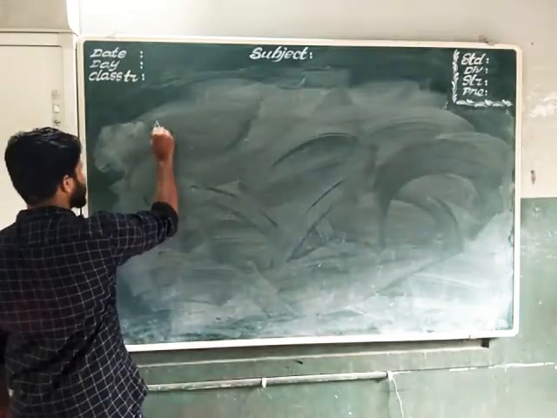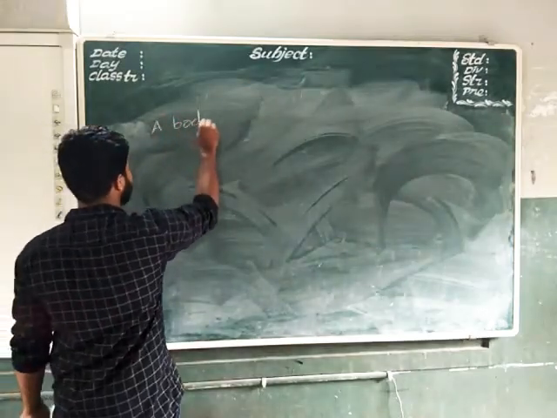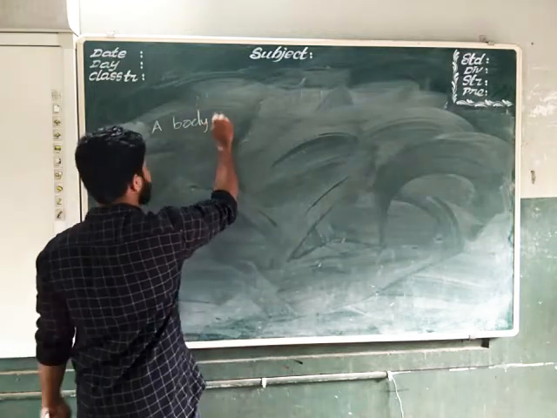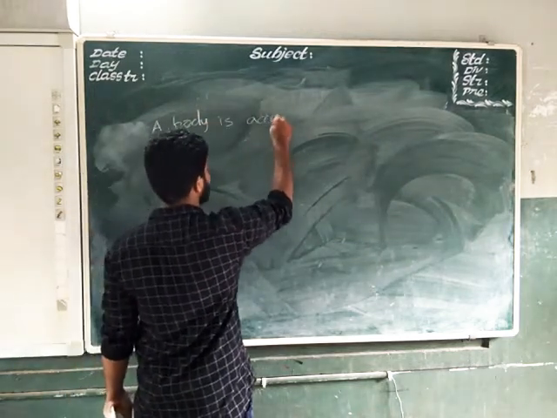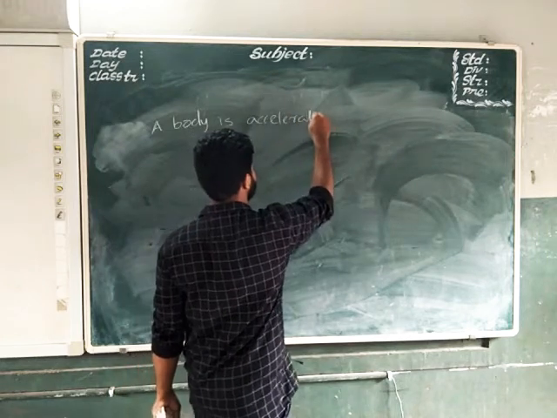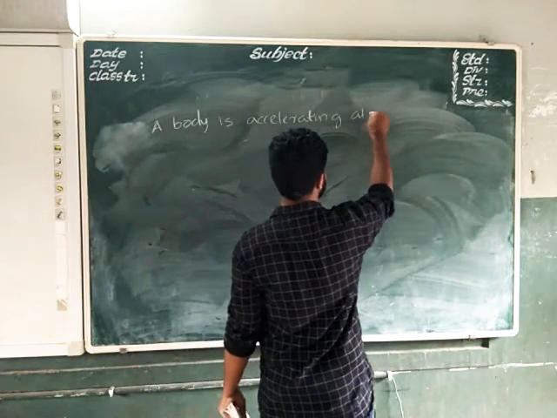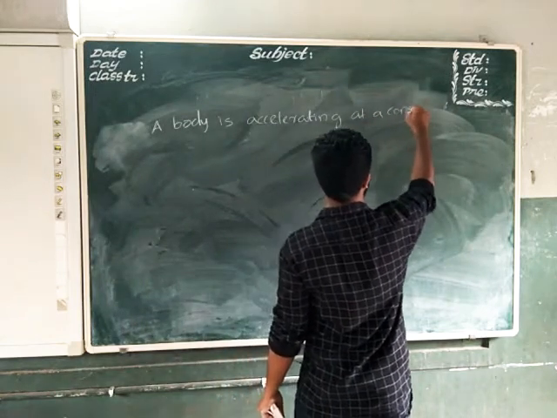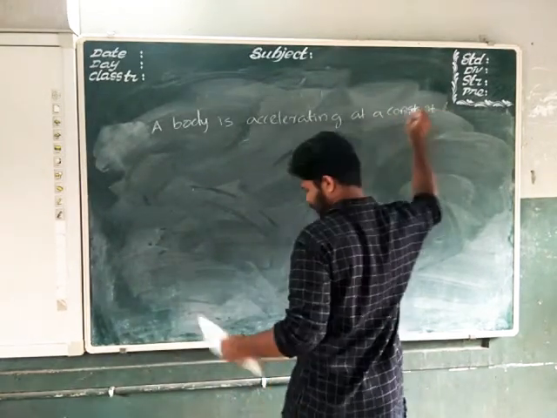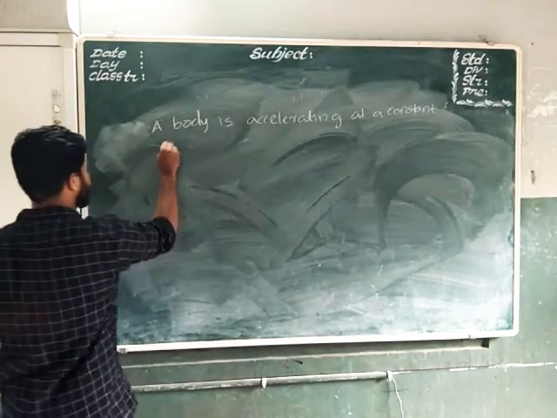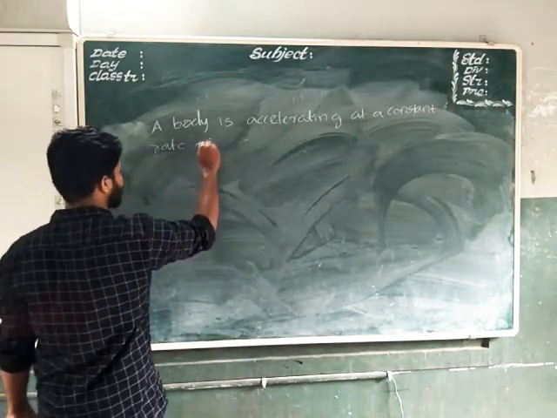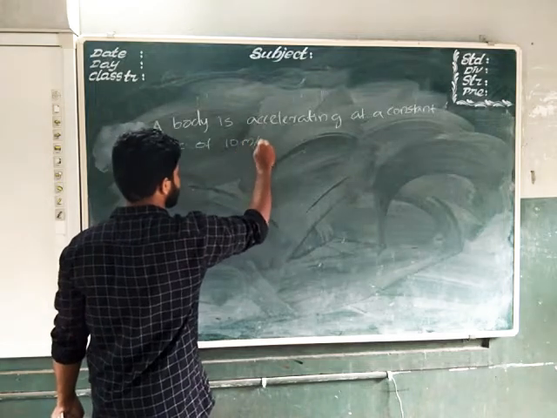The next question is, a body is accelerating at a constant rate of 10 meter per second square.